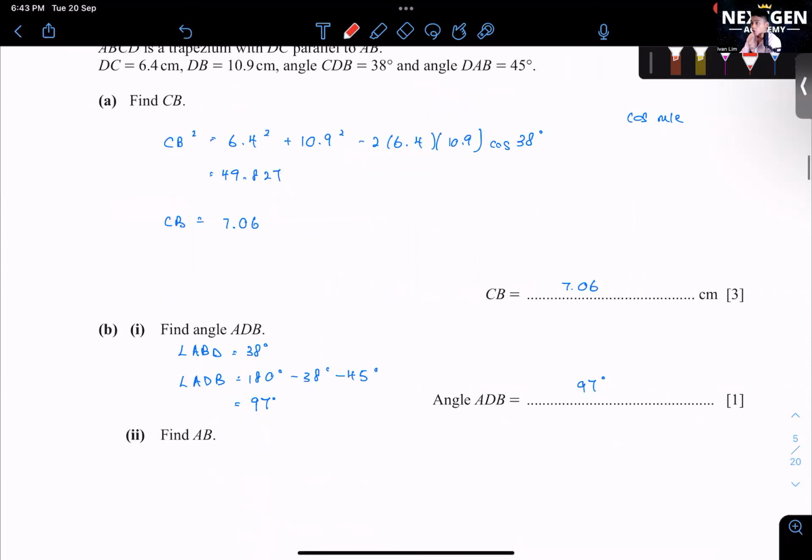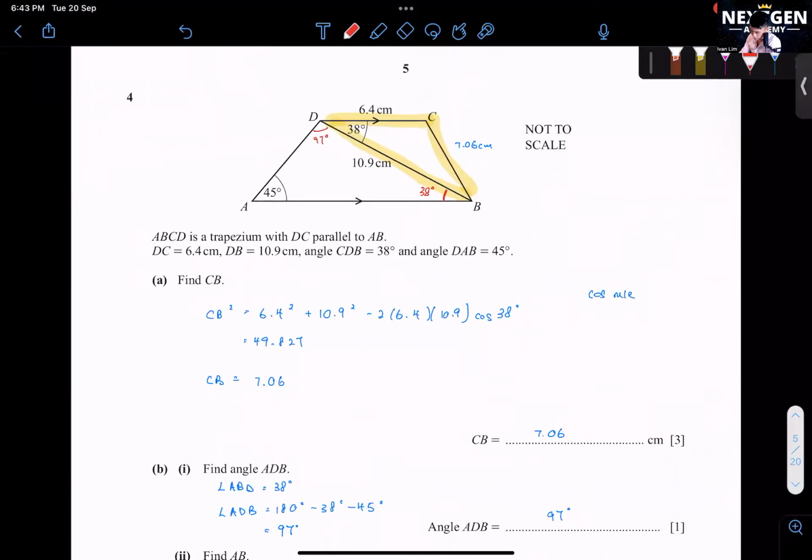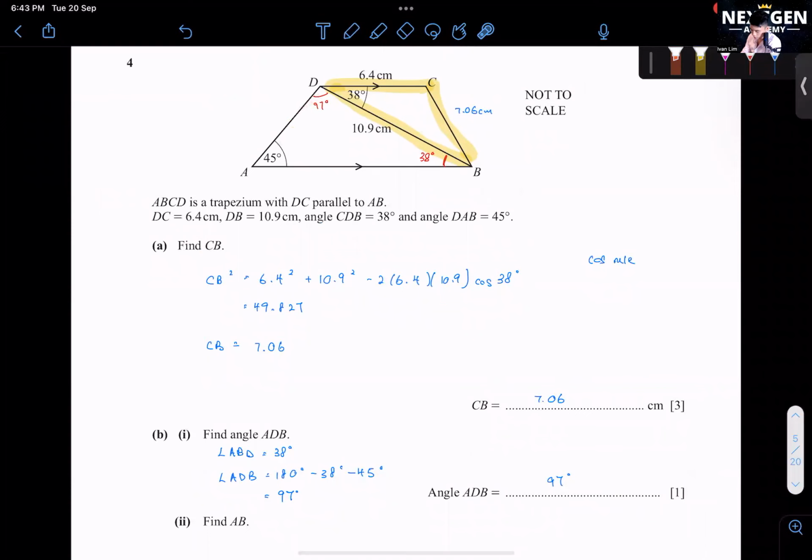Okay, next one. Find AB. Okay, so AB over here, you can use cos rule. You can also use sine rule, right? I will always stick with sine rule first because it's easier to calculate. Sine rule says this and this is related to each other.